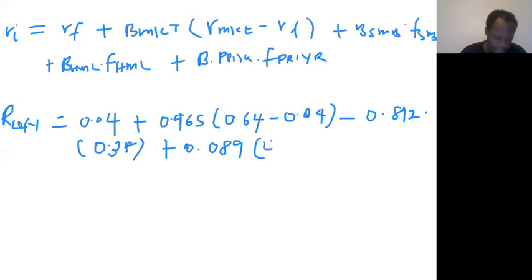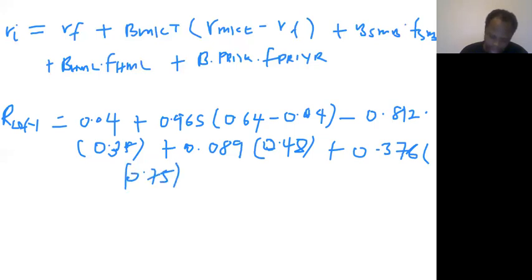Plus the final factor, whose beta was 0.376, multiplied by 0.75.